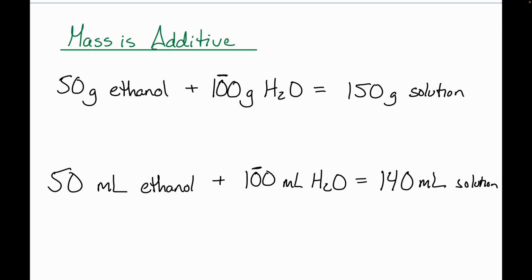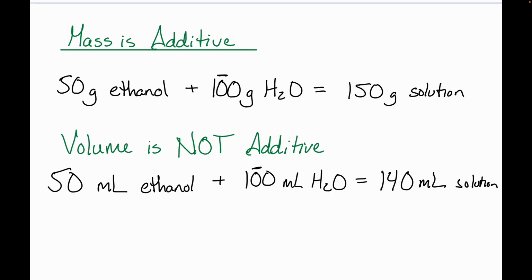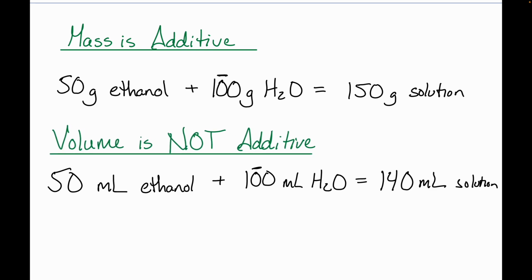Okay? Volume, unlike mass, is not additive. All right, obviously we still use it in the lab. That's not to say that it's completely worthless, but it doesn't have this nice, neat property that mass does.